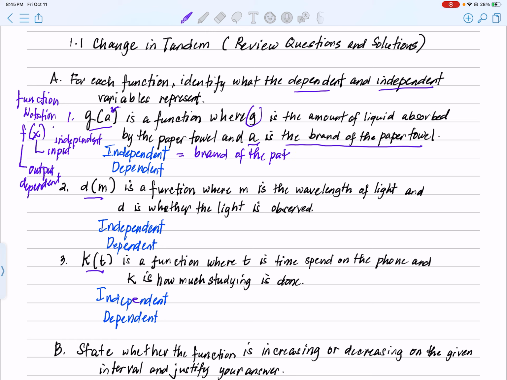It's easy. All you have to do is look at the function notation, then you know right away which is the independent and dependent. So the dependent here is the amount of liquid absorbed by the paper towel.